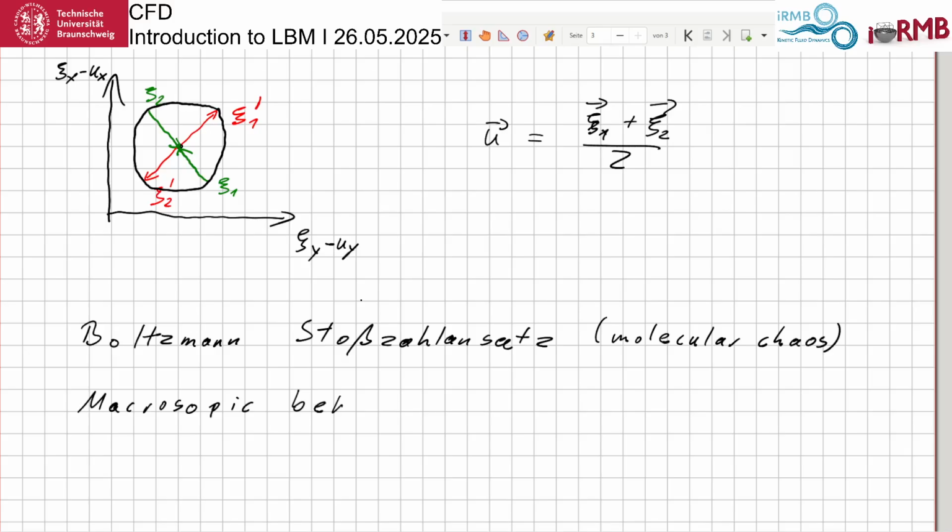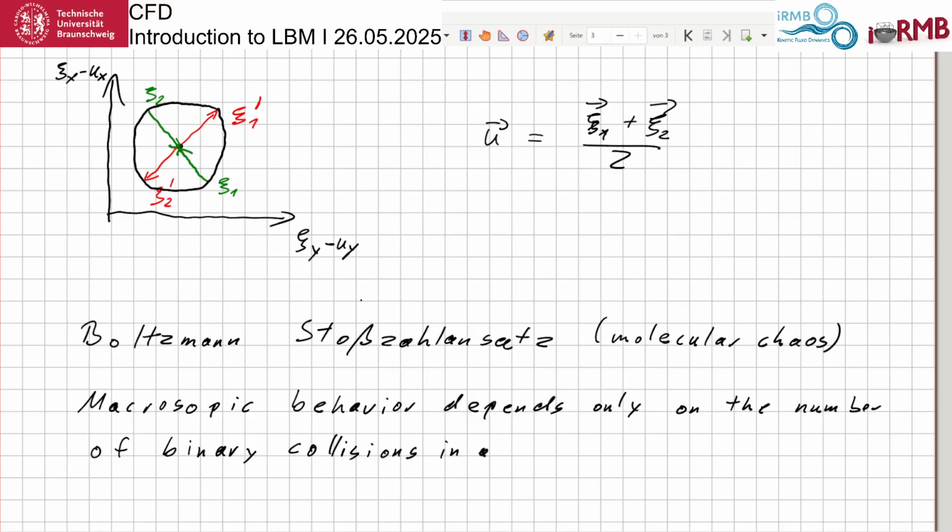So the macroscopic behavior depends only on the number of binary collisions in a given volume over a given time.